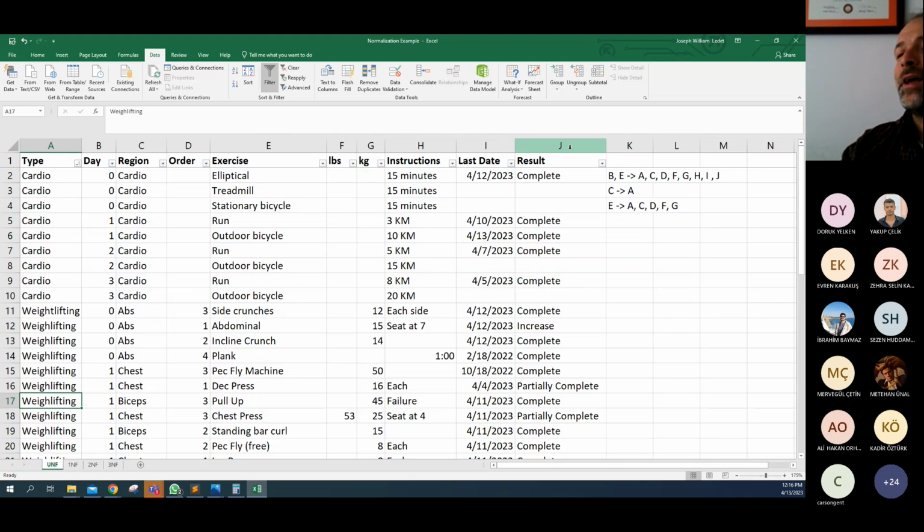But the truth is, I'll tell you this. This isn't the same data from mine, but I have a spreadsheet that I use for my own exercise regimen, for my own exercises that I do. Clearly, what I've learned is I am storing this in a very weird way.